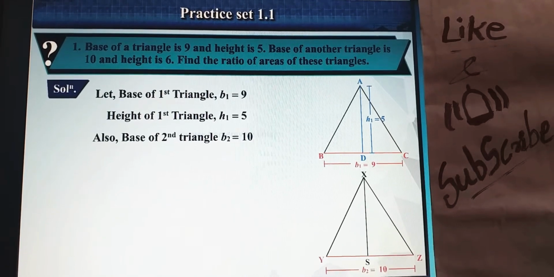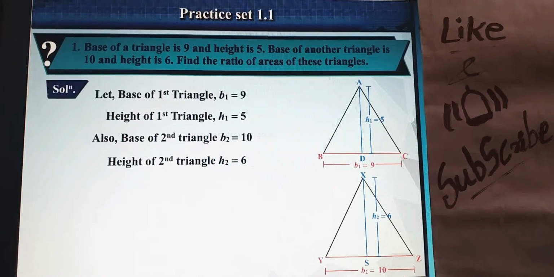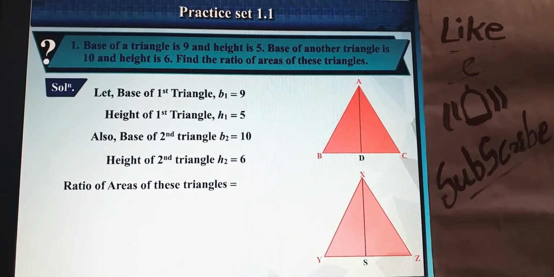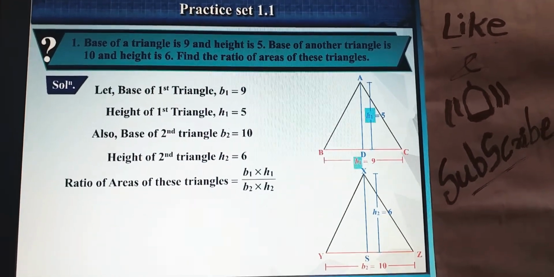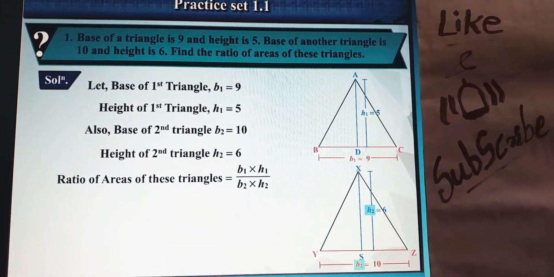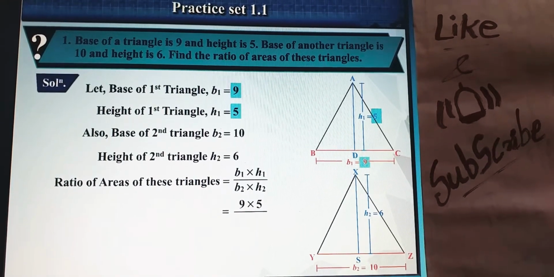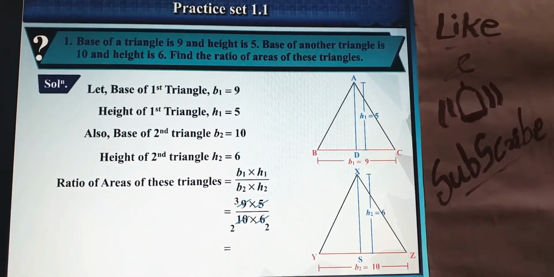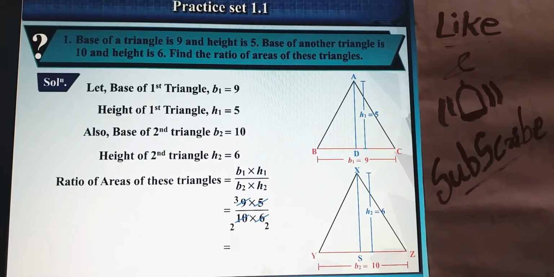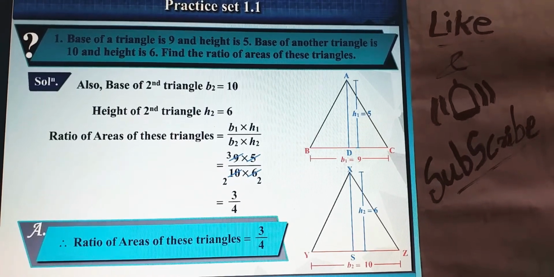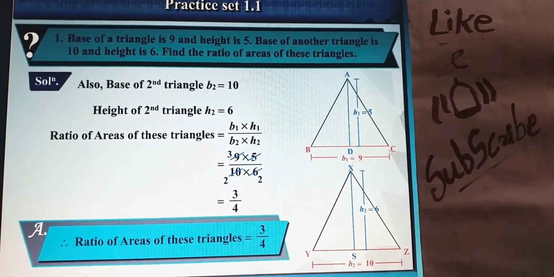Also, base of second triangle B2 is equal to 10, height of second triangle H2 is equal to 6. Ratio of areas of these triangles is equal to B1 multiplied by H1 upon B2 multiplied by H2, which is equal to 9 multiplied by 5 upon 10 multiplied by 6. After cancellation, we get 3 upon 4. Therefore, ratio of areas of these triangles is equal to 3 upon 4.